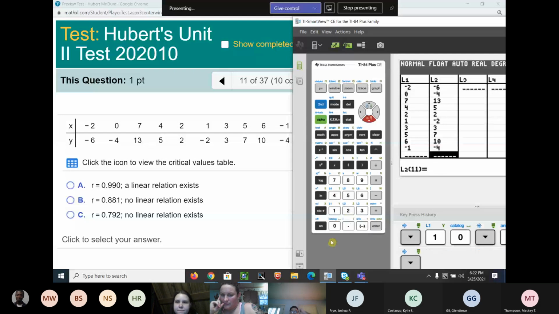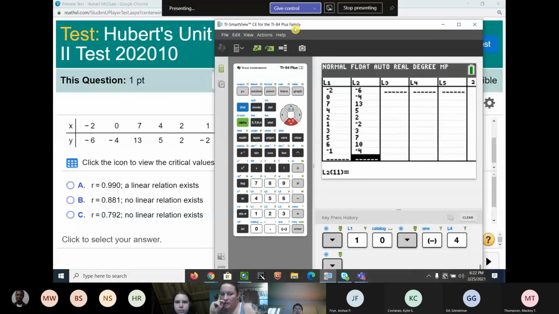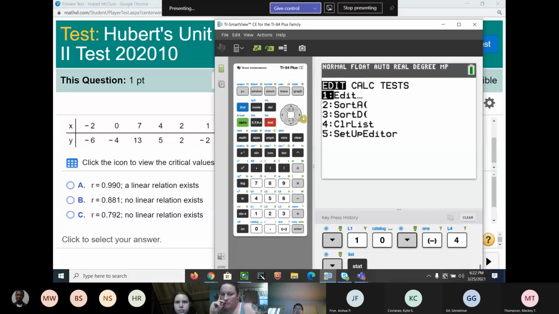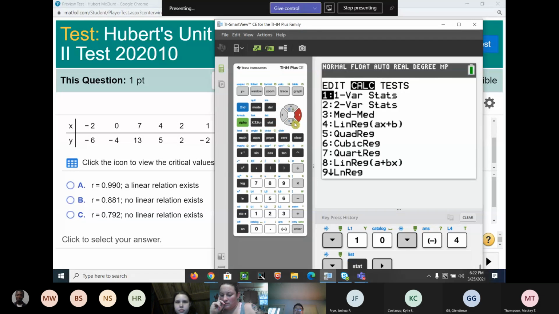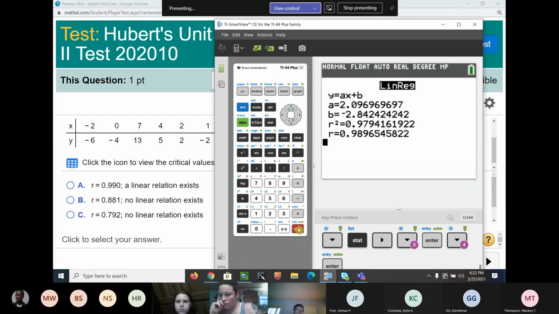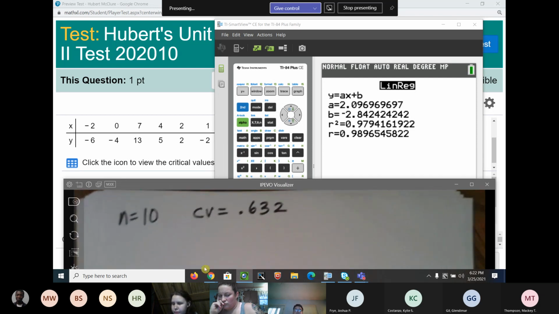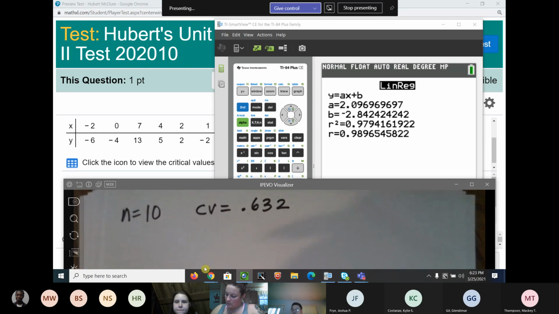Now, I'm going to do everything on my calculator just to show you that you don't have to freak out. All right, here we go. Stat, calculate, linear regression, enter, and calculate. Should be A. Now I am going to go over here on my little whiteboard and write down everything that's on my calculator because that's what this question is going to ask.